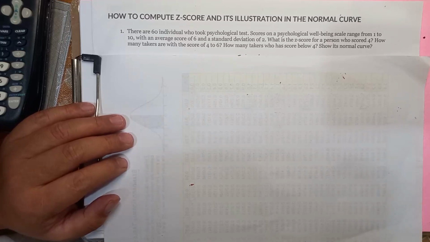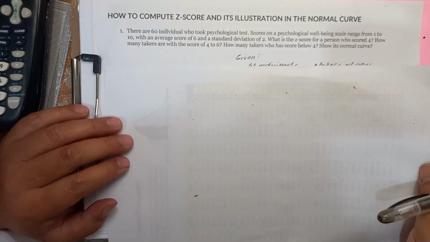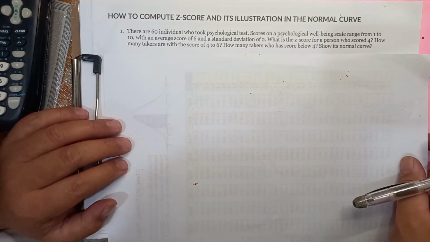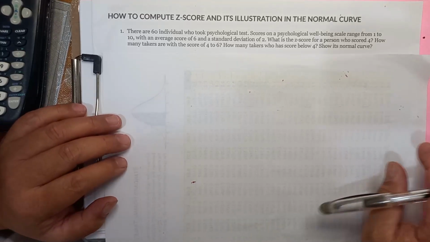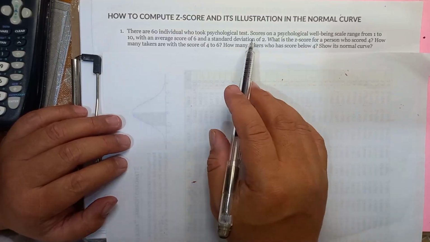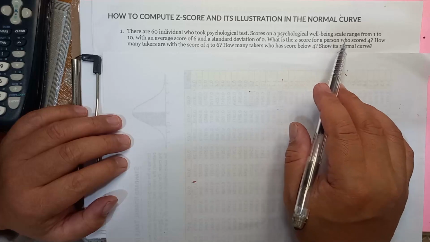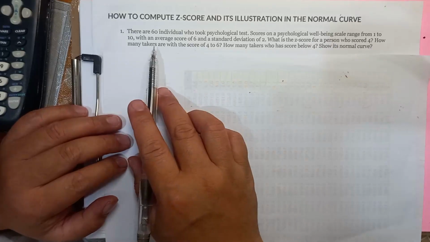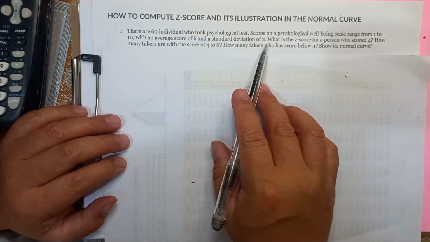Now, our focus today is the application of the Z-score and the normal curve in real life situations. There are 60 individuals who took psychological tests. Scores on the psychological well-being scale range from 1 to 10, with an average score of 6 and a standard deviation of 2.